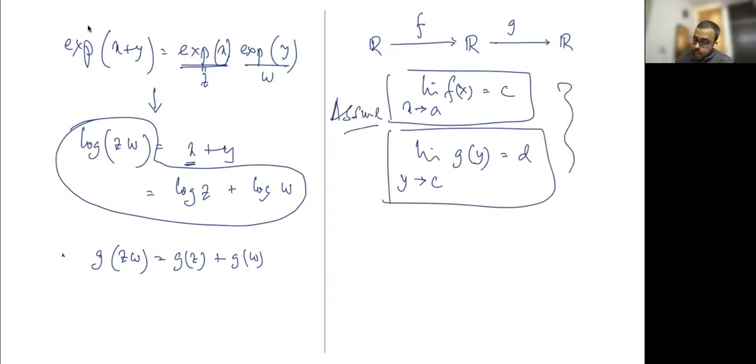Assume this. Now, suppose you are looking at the composition, which is g composed with f. This is the notation, g small circle followed by f, or sometimes you just write g of f of x.